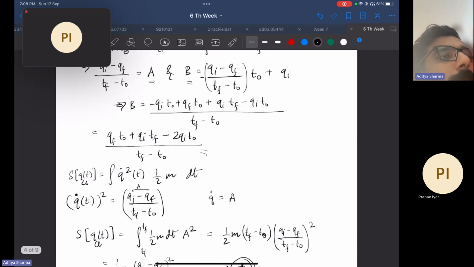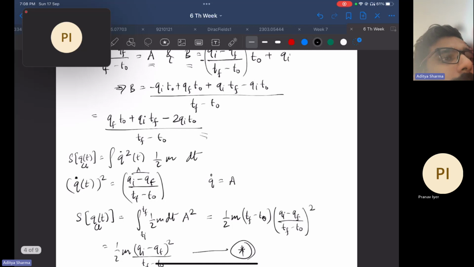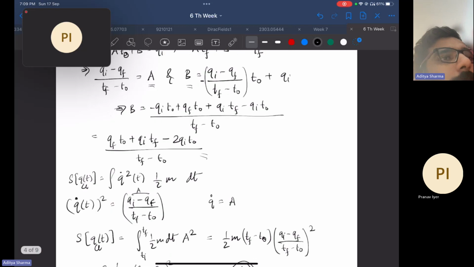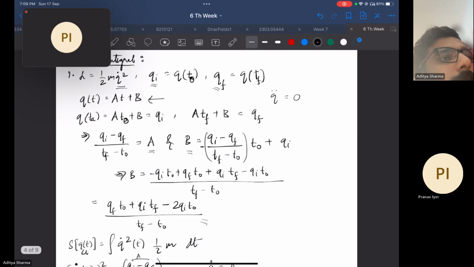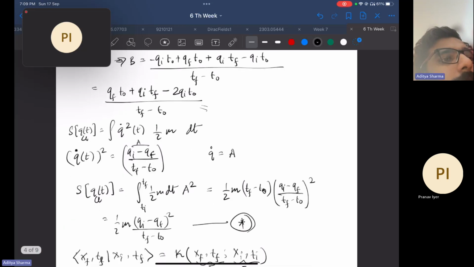Now you want to compute the classical action. The classical action can be written as the integral of half m q dot squared, but now you put the classical trajectory in. q dot is just a, so q dot squared is a squared.